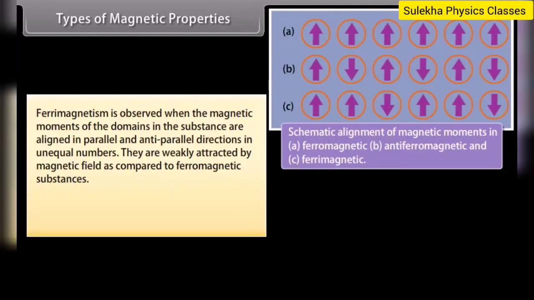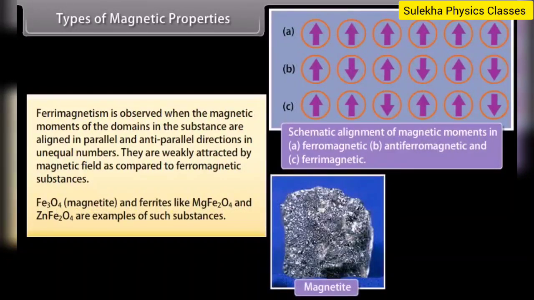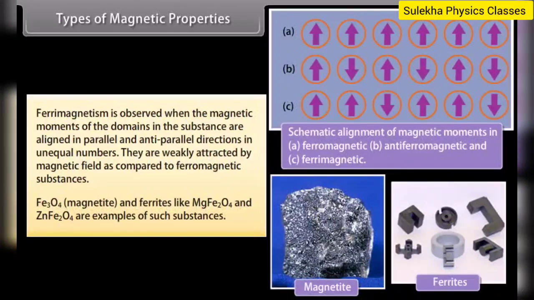Ferrimagnetism is observed when the magnetic moments of the domains in the substance are aligned in parallel and antiparallel directions in unequal numbers. They are weakly attracted by magnetic field as compared to ferromagnetic substances. Fe3O4, magnetite, and ferrites like MgFe2O4 and ZnFe2O4 are examples of such substances.